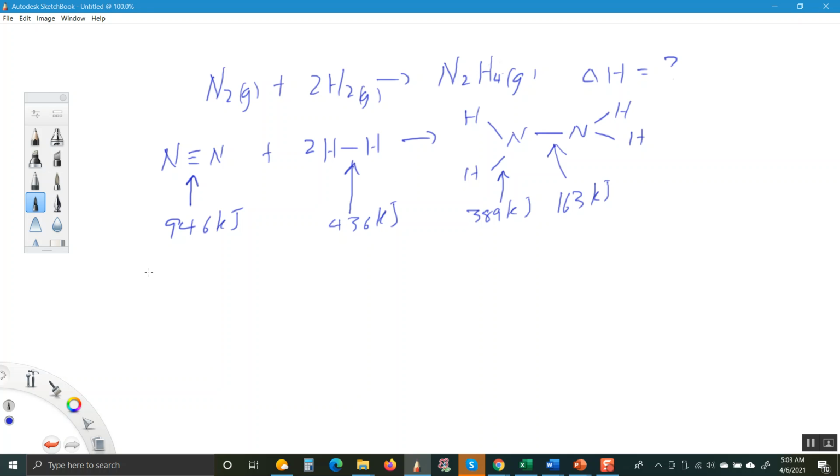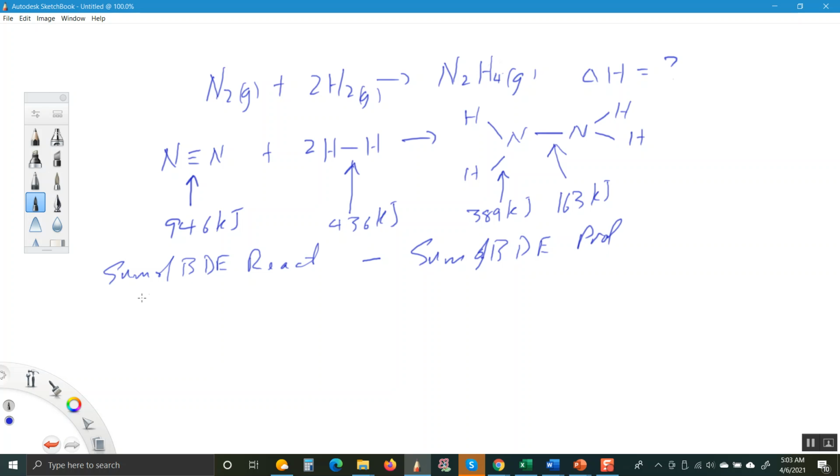Okay, so the next step is to determine the enthalpy change for the reaction based on the bond dissociation energies. So how do we do that? Well, what we do is that we take the sum of the bond dissociation energies of the reactants, and we subtract from that the sum of the bond dissociation energies of the products, all right?